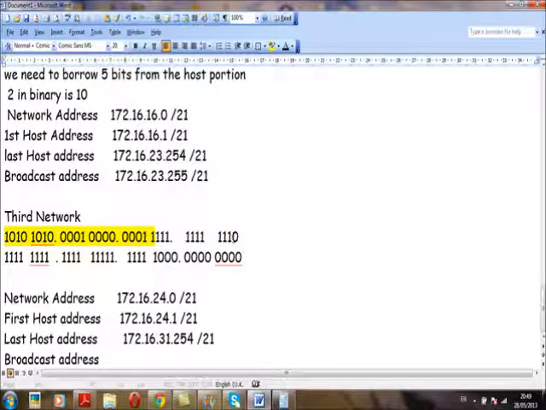We're just going to set the last bit to 1. And then we've got 172.16.31.255/21. You okay with that so far?